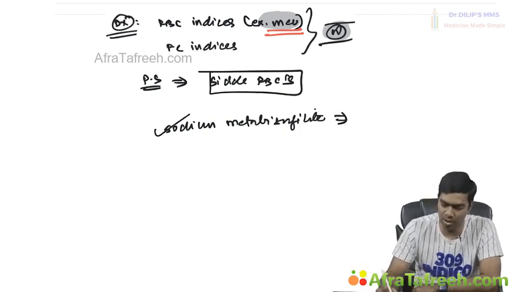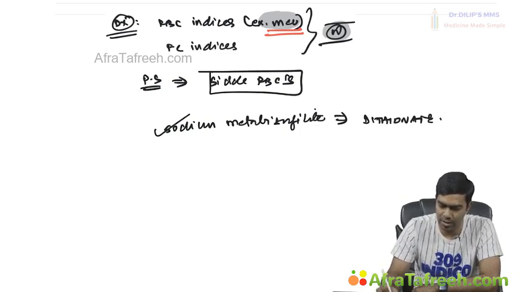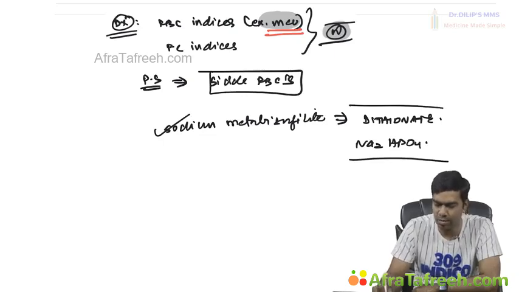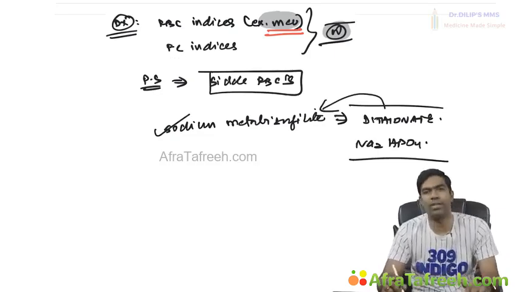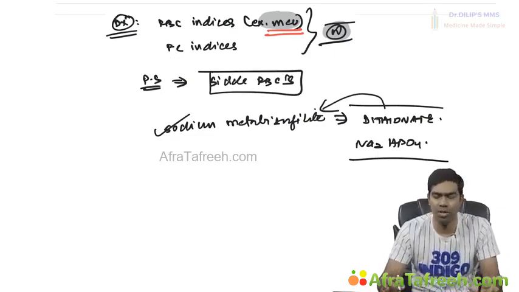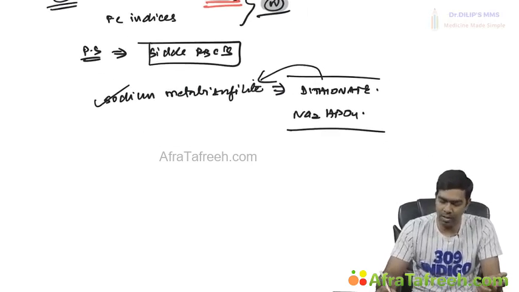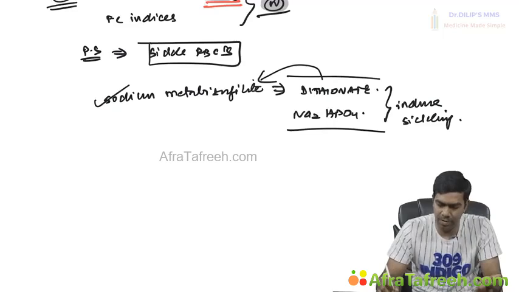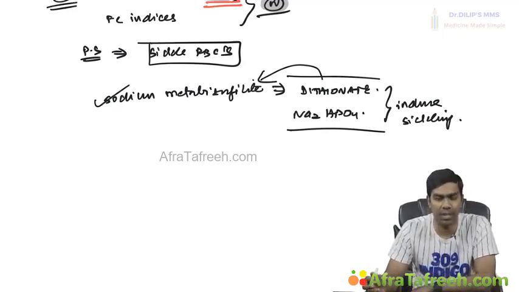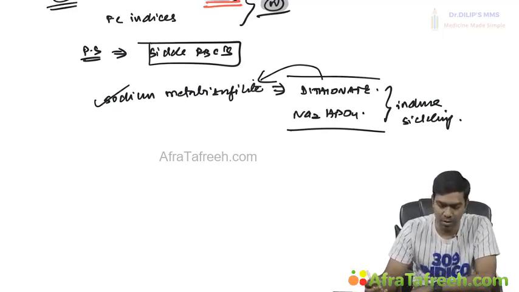What are the components? It has two components: one is dithionite and the second is disodium hydrogen phosphate, that is, Na2HPO4. These are the agents present in the sodium metabisulfite compound, and these are the ones that induce sickling, to identify the sickled RBCs, the drepanocytes, in the peripheral smear. So these are some of the important things.